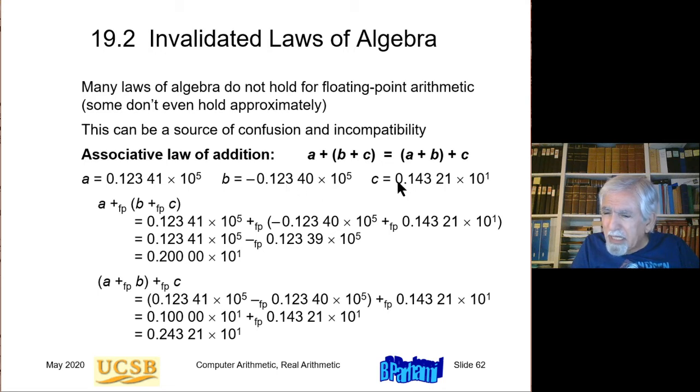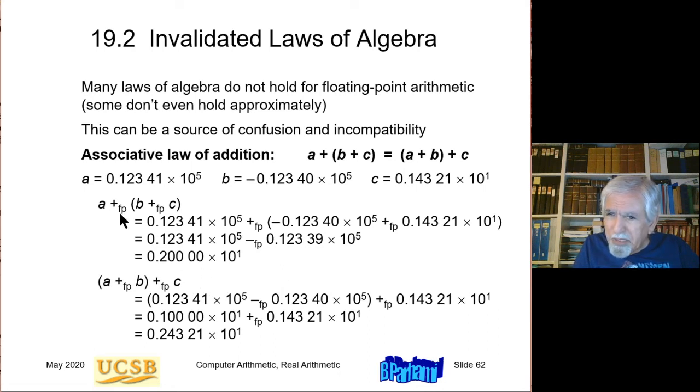So B plus C will be roughly equal to B. And then when you do this addition of A, you get something close to 0. On the other hand, if you do A plus B first, the second version, you get a fairly small number. And that small number added to C, here C makes a big difference in the result.